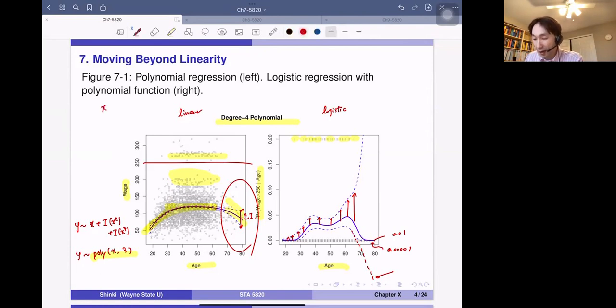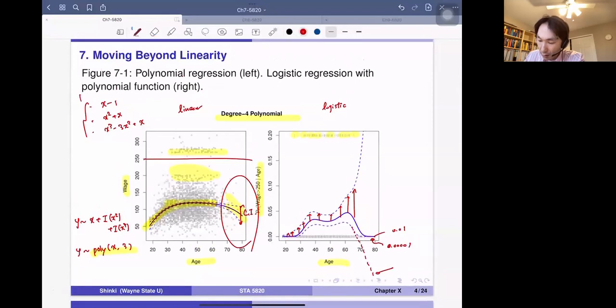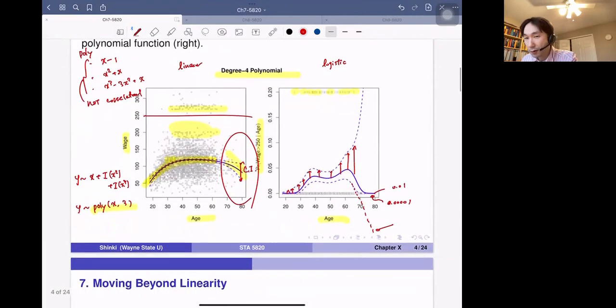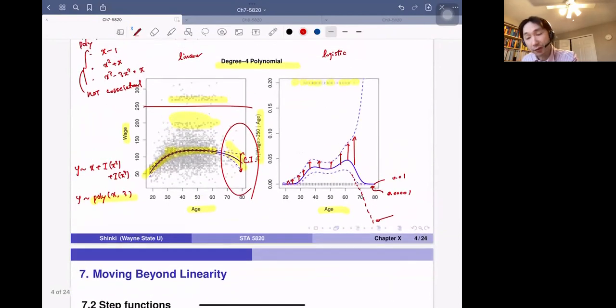Maybe it is x minus 1, and so on, so that these variables are not correlated to each other on the data set. Coefficients are adjusted so that these variables are not correlated, so we don't have multicollinearity. So basically, it's a better way to fit the data.